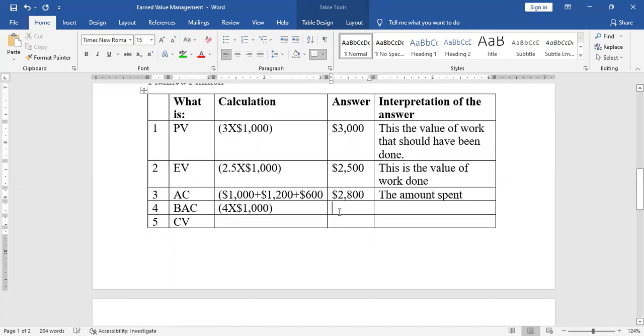This will give me 4,000. The total budget of the project. Budgeted at completion.